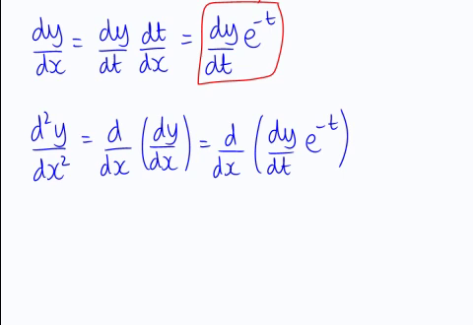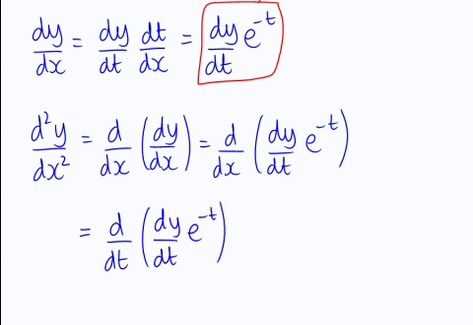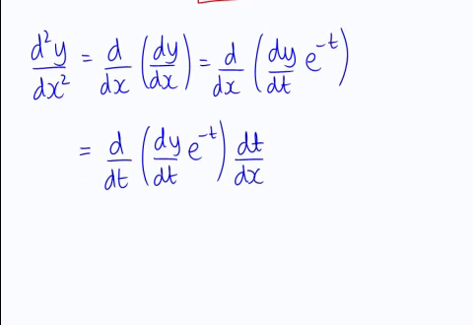What you should notice is that what's in that bracket is actually a function of t. And so again, I'm going to use the chain rule. Instead of differentiating with respect to x, I'm going to differentiate it with respect to t and then multiply by dt by dx.